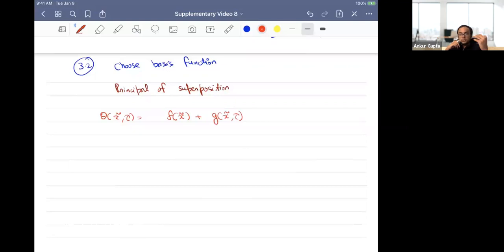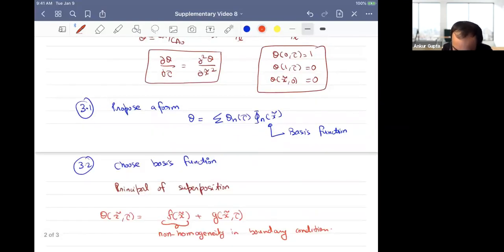If it is homogeneous, we know how to solve. So this f of x part is trying to help us satisfy that non-homogeneity, to resolve the non-homogeneity in the boundary condition. Okay. So basically, we have to scrap these 3.1 and 3.2 steps.